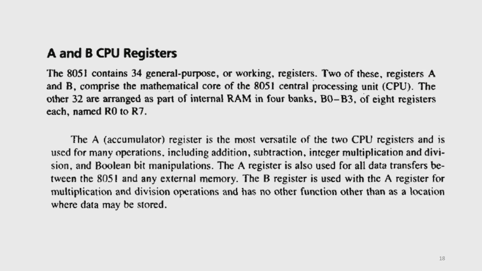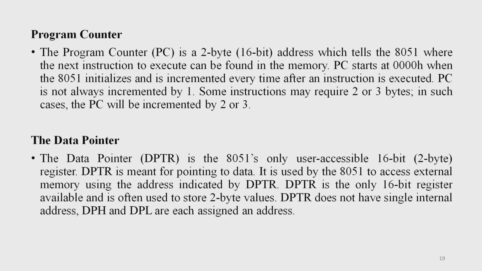The A register is also used for all data transfer between the 8051 and the external memory. But the B register is used with the A register. It cannot be used alone for any other function. Particularly B and A can be used for multiplication and division operations. B register has no other function than with the A.